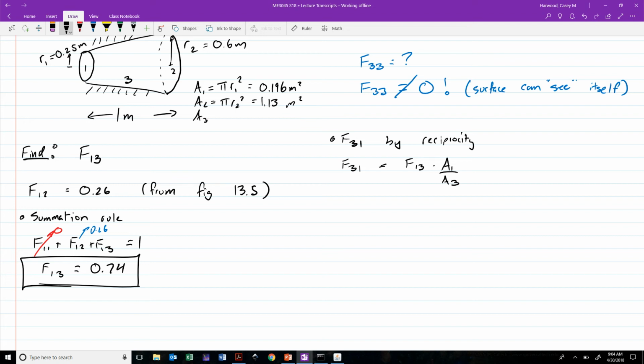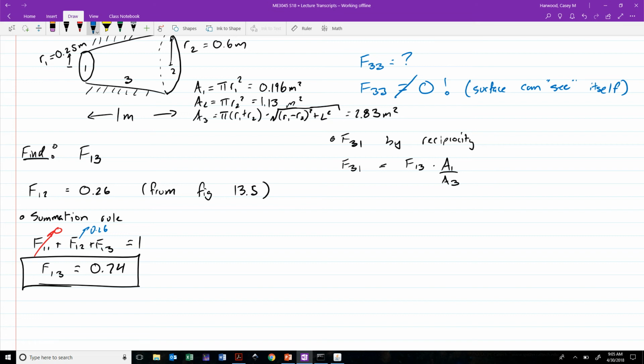And A3 is a little bit messier, but you end up with pi times r1 plus r2 times the square root of (r1 minus r2) squared plus L squared. And this is 2.83 meters squared. So we've got our three surface areas.